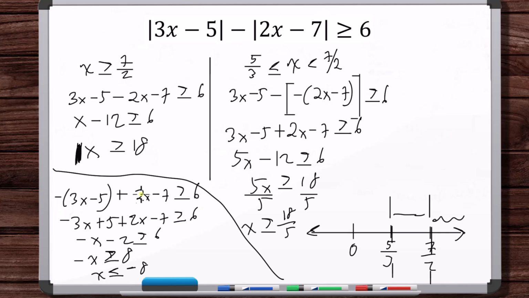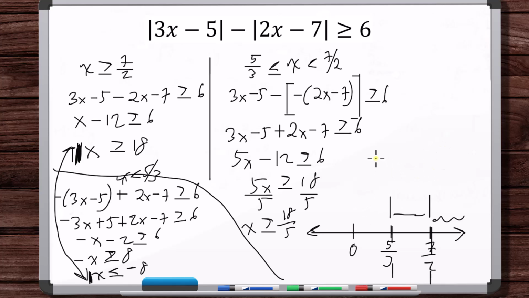We did this for x is less than 5/3. So where do these two overlap? X is less than 5/3, x is less than or equal to minus 8 here. So now we just need to apply an or between these two. X is greater than or equal to 18, or x is less than or equal to minus 8. We just write it as an or statement.